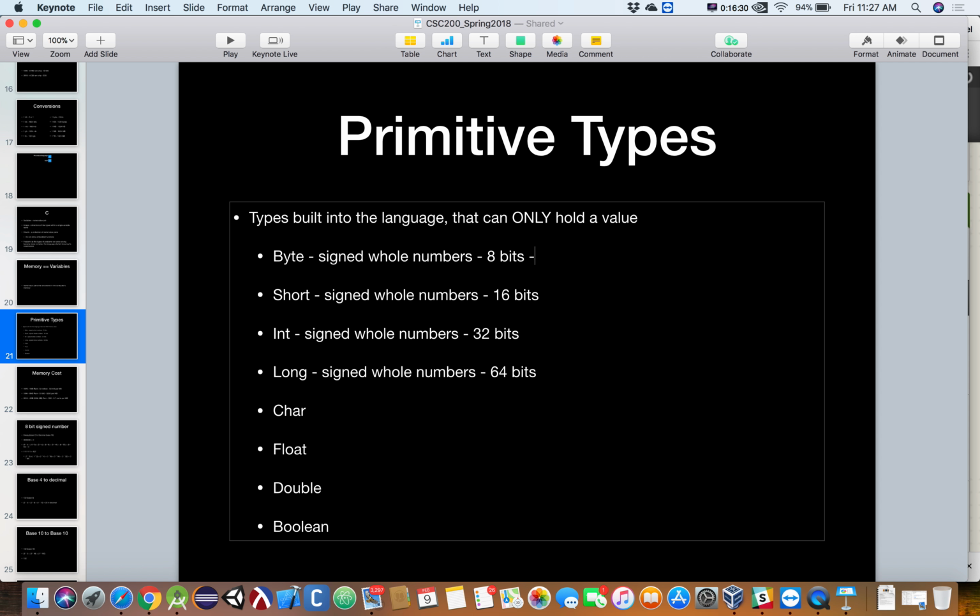What's the range of values we can hold in a byte? Let's go with the largest value. That's going to be 7 ones. What decimal number is that? This is 127. And the smallest value is negative 128.